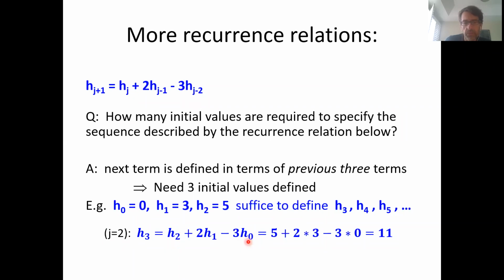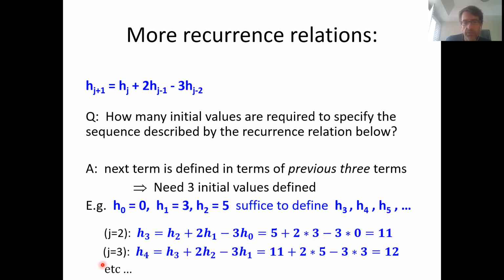That's this, right? And because I have values for these 3 consecutive ones, I just stick it in and compute. J equals 3. So this is h4, this is h3 plus 2h2 minus 3h1, this one. Okay. And so on, you can evaluate now, right?